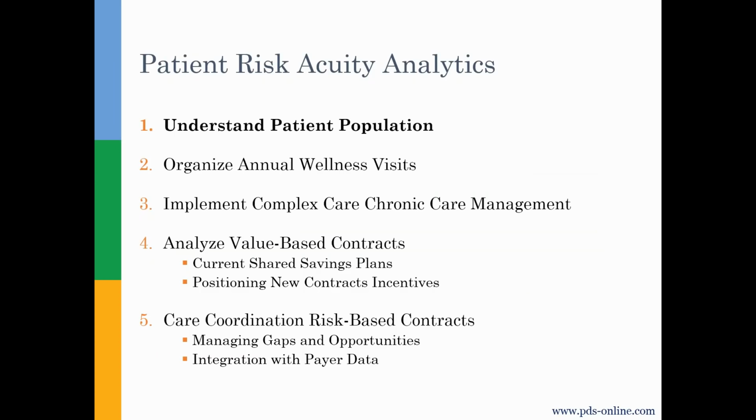So Russ, let's go ahead and talk about how we start to use some of the data that we have now at our fingertips. The first place that I start looking at these contracts is understanding my patient population.